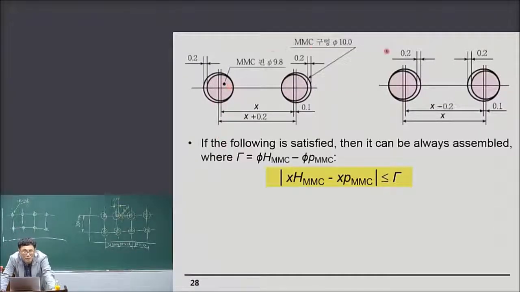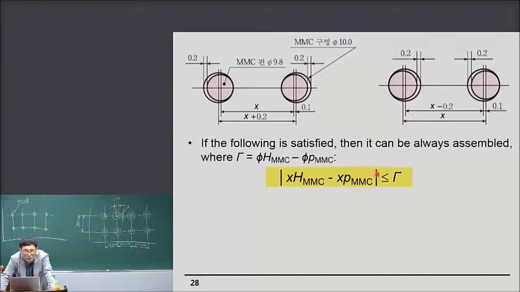According to the figures I showed you just before, if the following is satisfied, then it can always be assembled. Large gamma means the difference between the diameter of the MMC hole and the MMC pin.